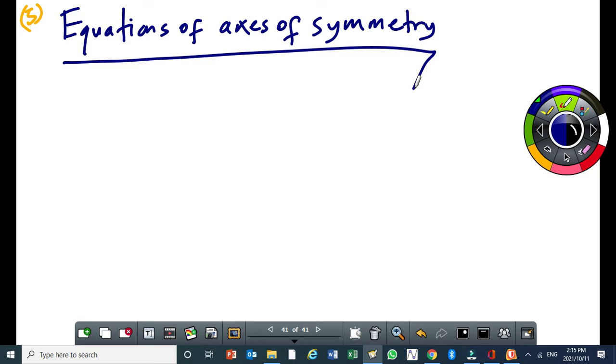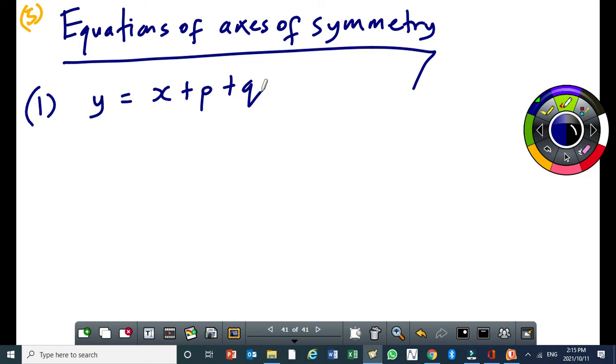This part I'm going to take a bit of time on. I'll do an example on it, but for now, since I'm introducing, you should know this a bit from last year. So the two equations, one of them has a negative gradient, the other one has a positive gradient. The line of symmetry with the positive gradient is y equals x plus p, plus q.